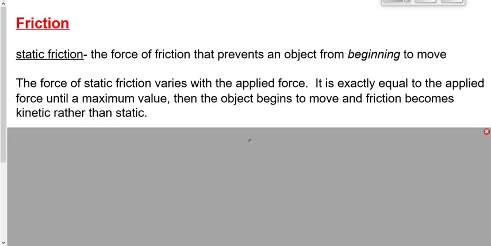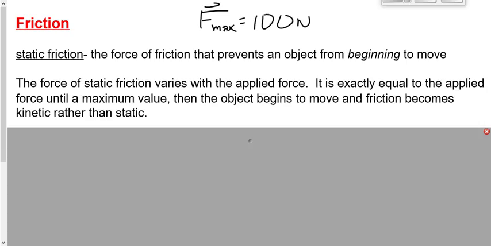I push with a force, and it's like that pain-in-the-butt kid that pushes and pushes just as hard as he or she needs to get under your skin. Let's say the maximum force of static friction on Jacob's desk is 100. It could be 100, it could be 1,000, but let's say it's 100. The maximum is 100.